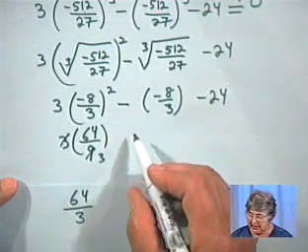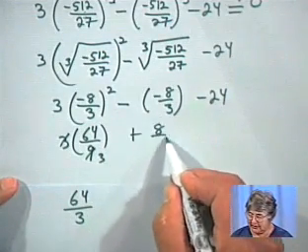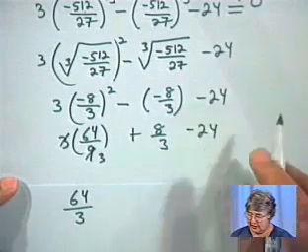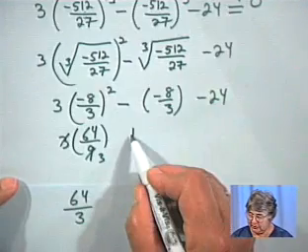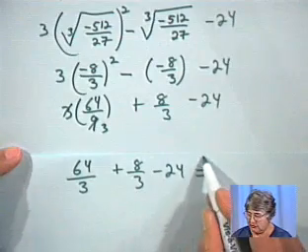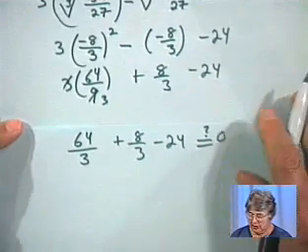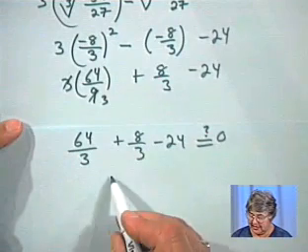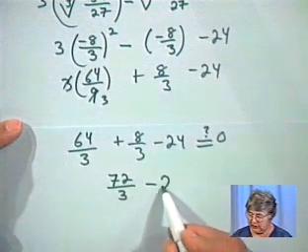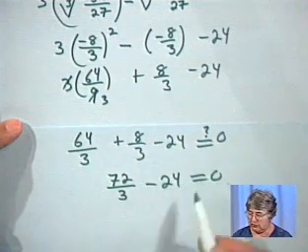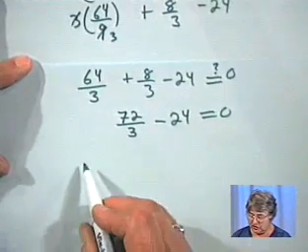All right, so finally, minus a negative 8/3 is just simply a plus 8/3. And so now let's see if 64/3 plus 8/3 minus 24 is equal to 0. Well, as you can see, 64 plus 8 is just 72 over 3. 72 over 3 is 24. Minus 24 equals 0. So the second solution checks also.